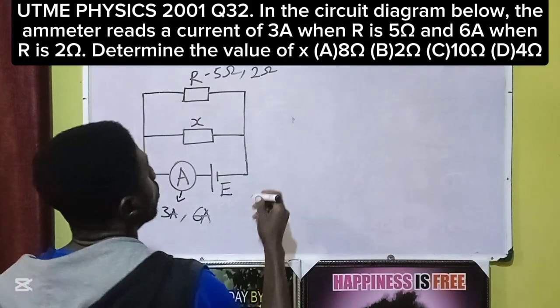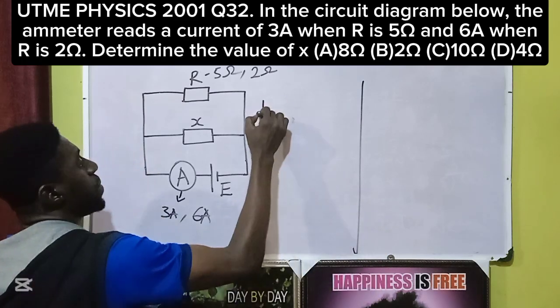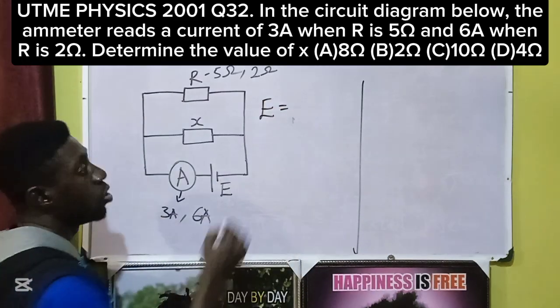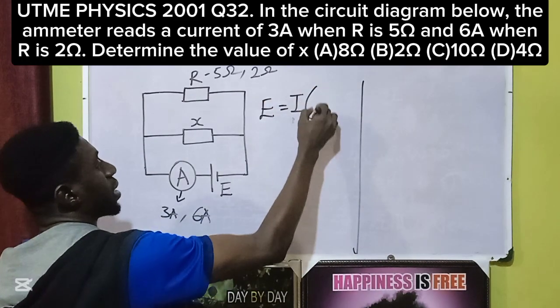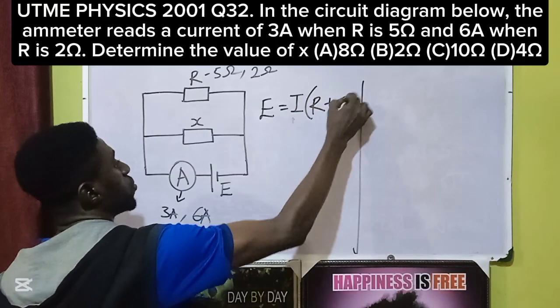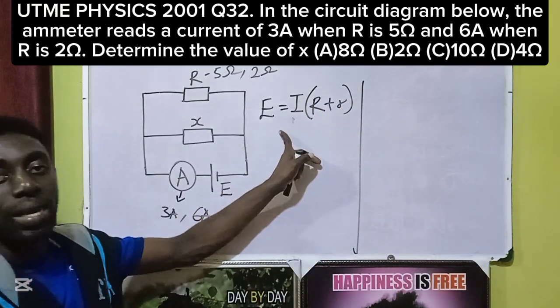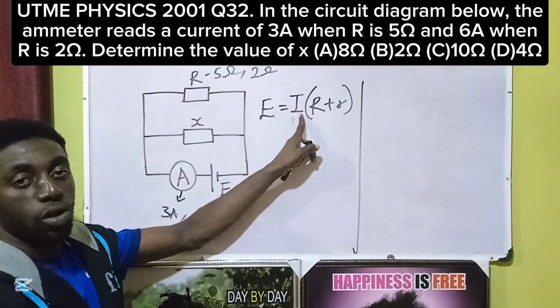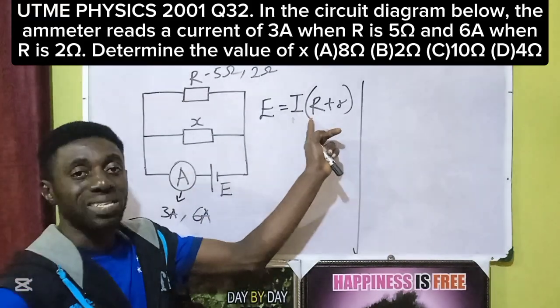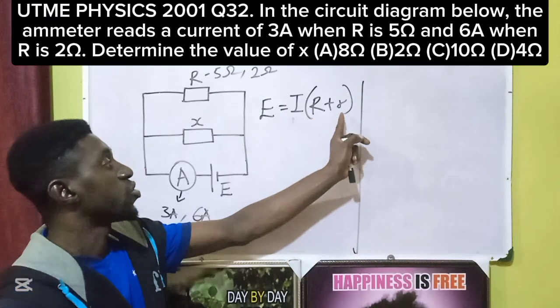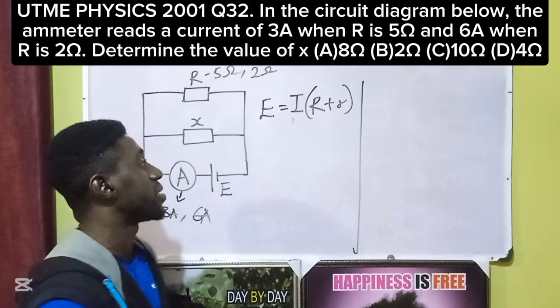Then recall, to solve this, EMF is equal to current, open brackets, capital R plus small r. This is the EMF formula, where I stands for current, capital R for external resistance, and small r for internal resistance.